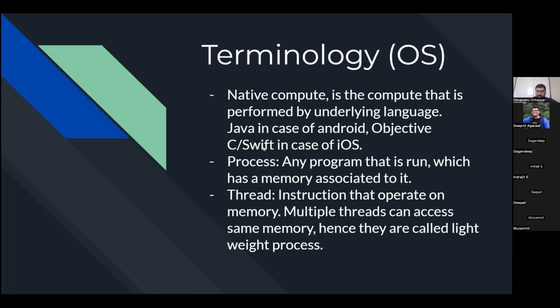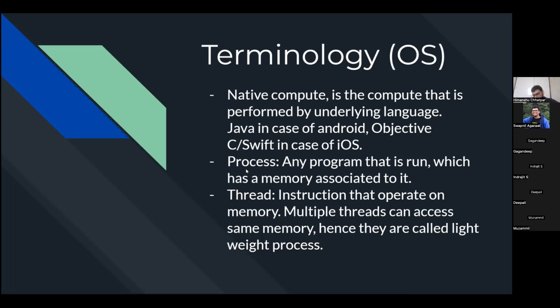Any compute done by them is what we refer to as native. So you would hear native a lot. It means anything that is done by the underlying OS preferred languages, basically Java or Swift, and is all related to the operating system.